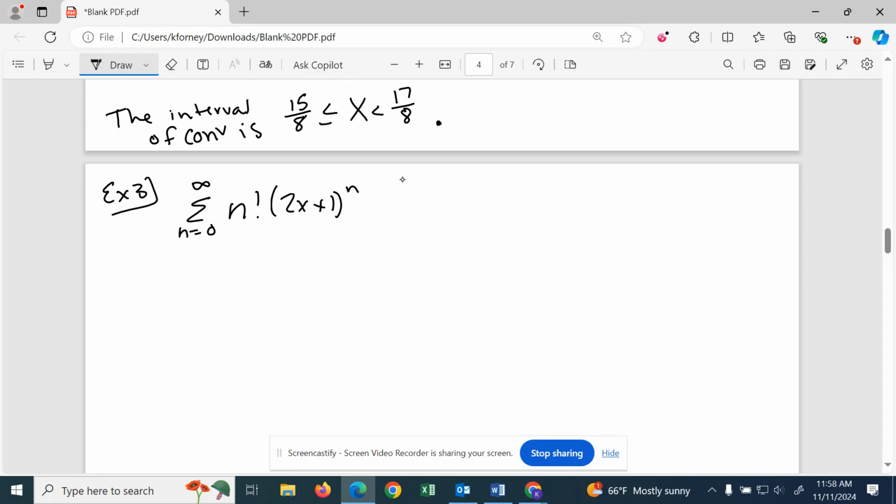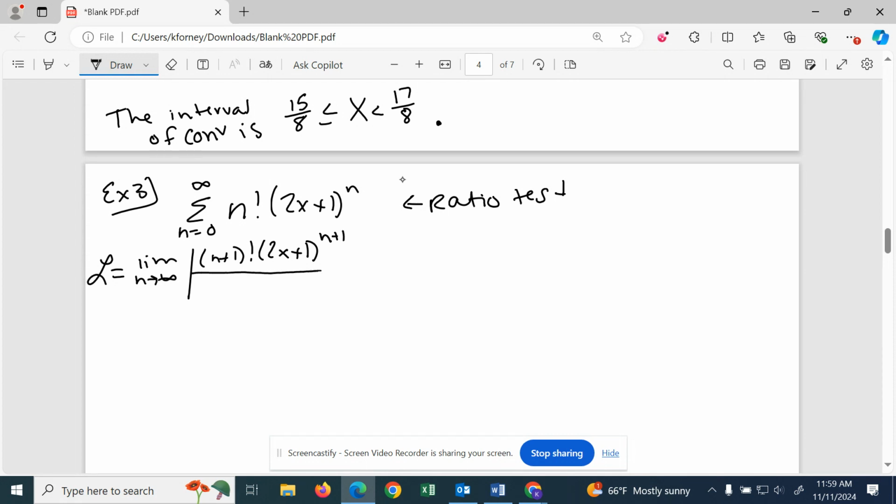Okay, so we're going to use the ratio test. We have the limit as n approaches infinity. So this would give us n plus 1 factorial, 2x plus 1 to the n plus 1, divided by, you would flip this so that we're going to divide by what we have.